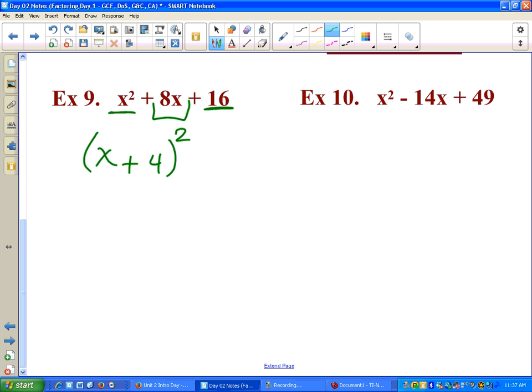If I multiply and double and I get the middle term, that's my answer. How about this last one? Quickly, what do you think it's going to be? X, 7. If I multiply and double, do I get the middle answer? If it's negative, I sure do.